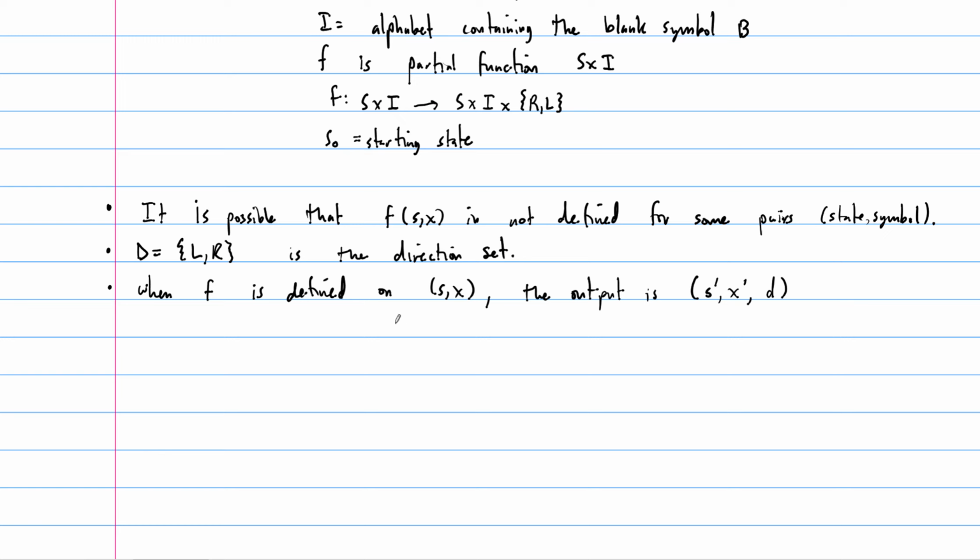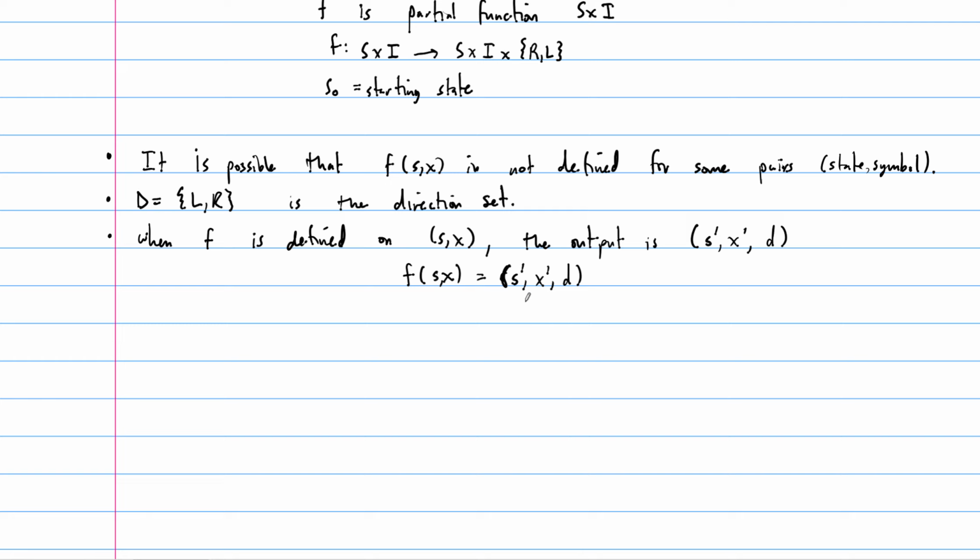And so a couple of things can be done here. Number one, we can write this in function notation. It is a transition function, even if it's just a partial function, it's still a function. So f of S, X equals this ordered triple, S prime, X prime, and then D, the direction. But we could also think back to calculus where you could put the input and then comma the output and just combine these into one tuple.